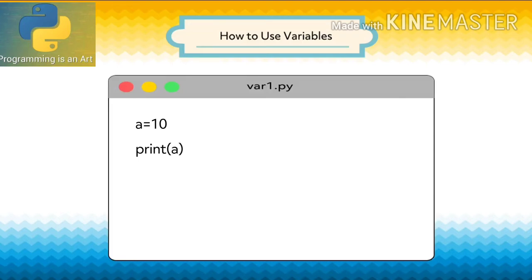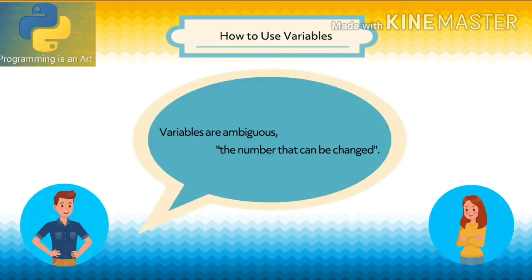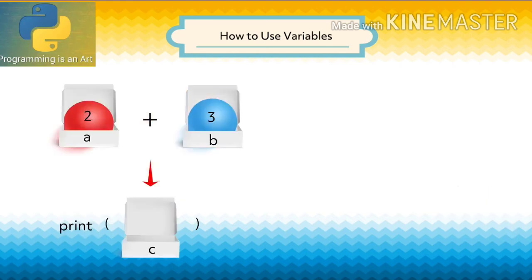I am putting 10 in A. After putting the value in A, I just print the variable A, that is 10. If you want, you can use 100, 1000 or any name in place of 10. So variables are changeable. In place of the blue ball, you can use the red ball also.